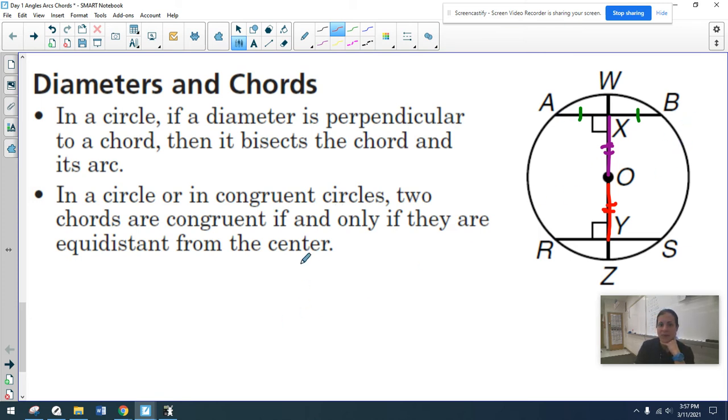So that means AB, in this case, is equal to RS. Also they could be equidistant from the center, so you could also say that the distance of YO, that's why I didn't put a segment above it, is equal to the distance of OX. So this will work both ways. That's why I was putting both of them. If you have these two things equal, then these two things are equal, and vice versa.